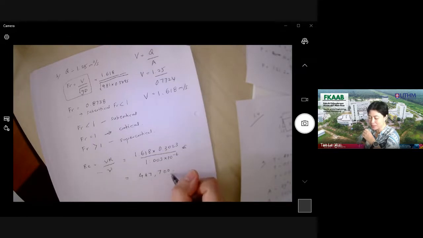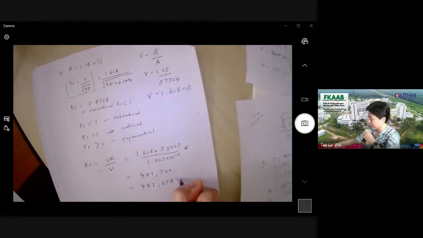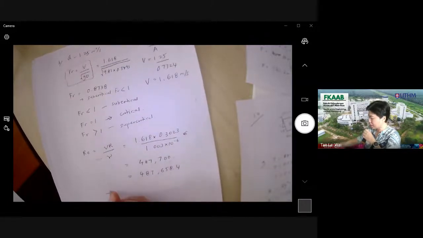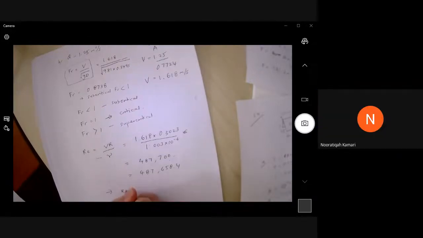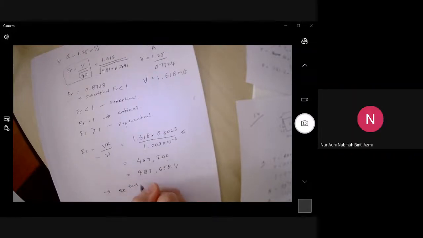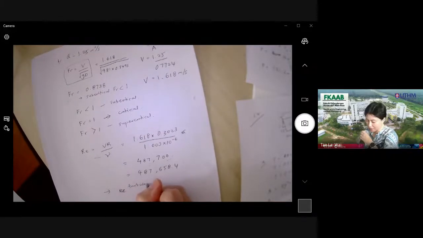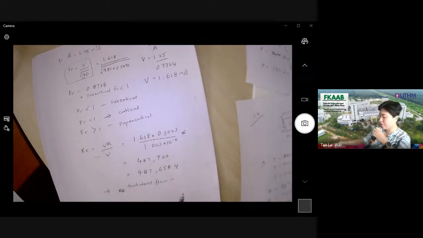Ada point dia belakang. Okay. So ini ialah aliran jenis apa berdasarkan Reynolds? Turbulent. Ya, betul. Because? Lebih daripada 12,500. Correct, more than 12,500, so it's turbulent flow. Okay.